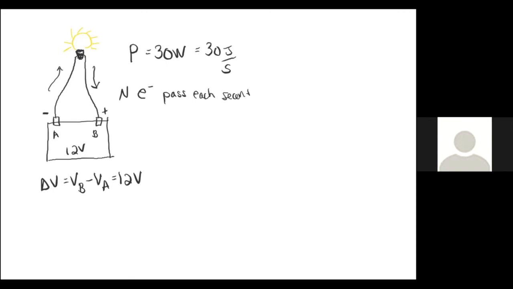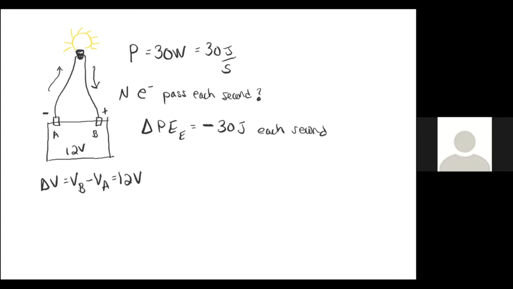Our battery in this case is losing energy to move the electrons from the negative terminal to the positive terminal. So in this system, we've got a change in electric potential energy, and that change in electric potential energy is equal to negative 30 joules each second.